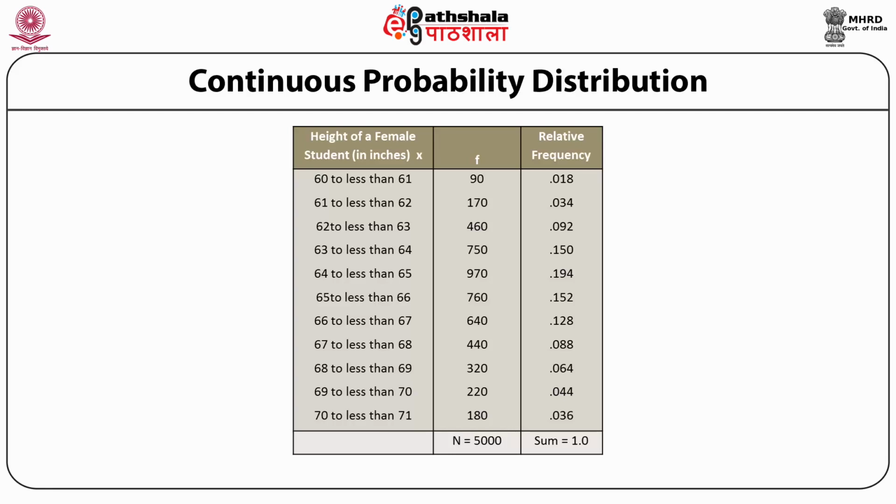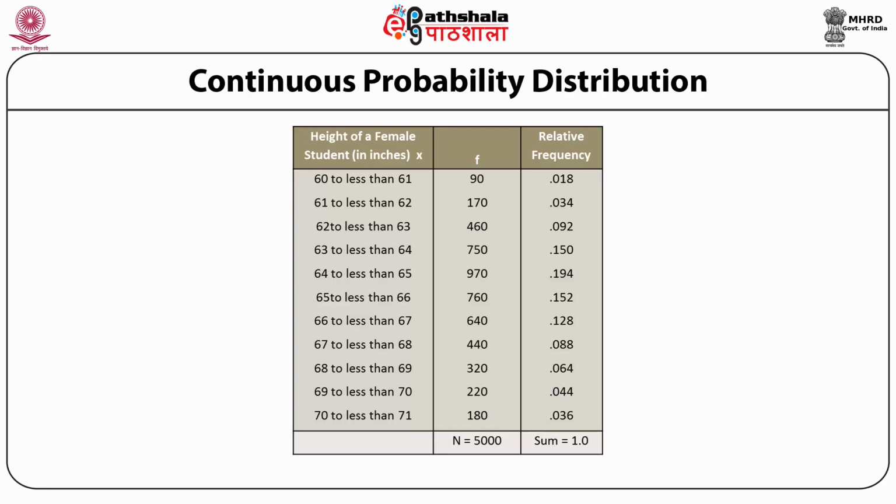From 61 to 62 is the second entry. From 62 to 63 is the third entry. So we will take the midpoint of the two points. So for 62 and 63, the midpoint will be 62.5, which is more than 62 and less than 63.